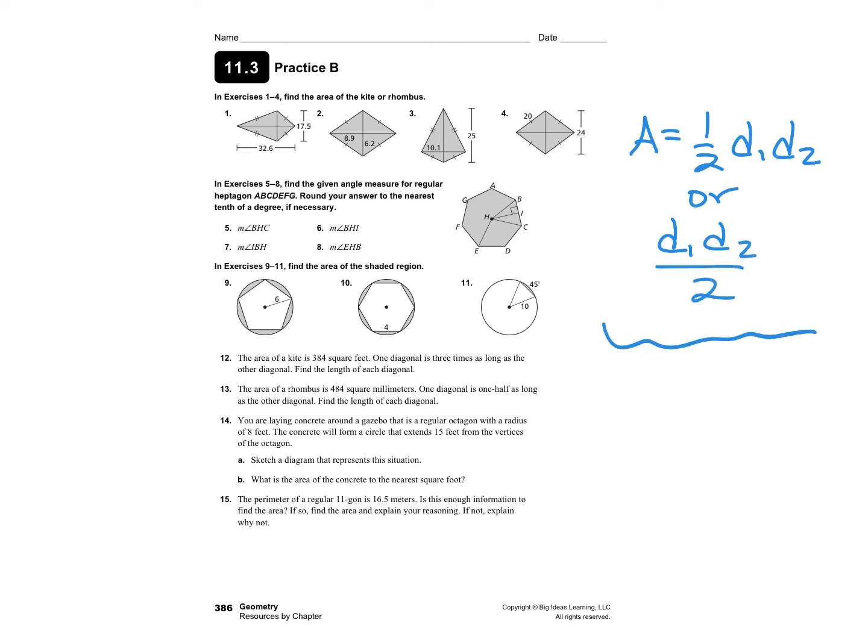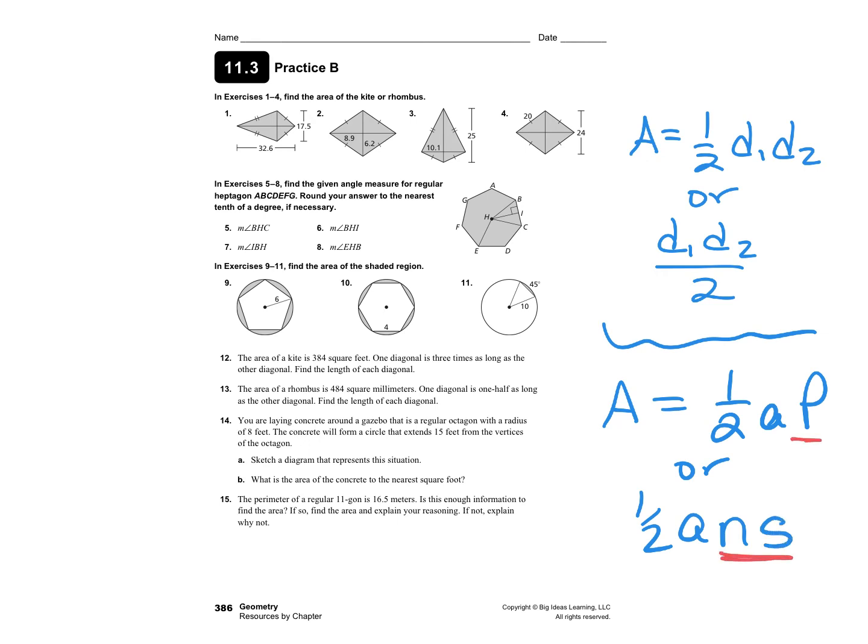Then the formula for the polygon, remember it was either area equals 1/2 apothem times perimeter, or 1/2 times apothem times number of sides times side length. Because remember, this n times s is really just the perimeter. So those were the formulas that you needed from 11.3.